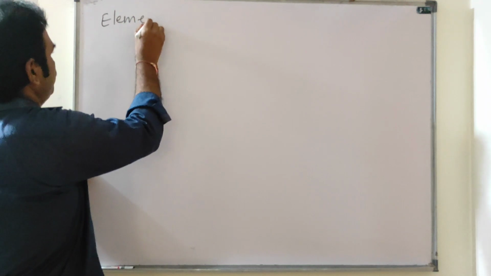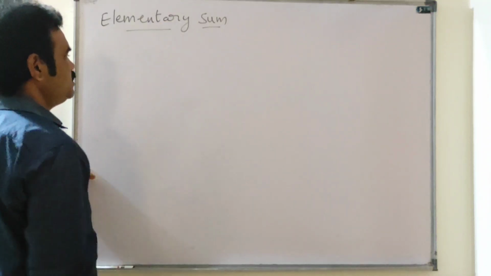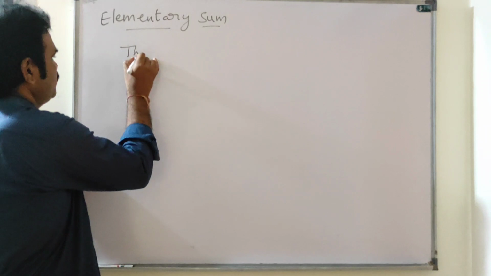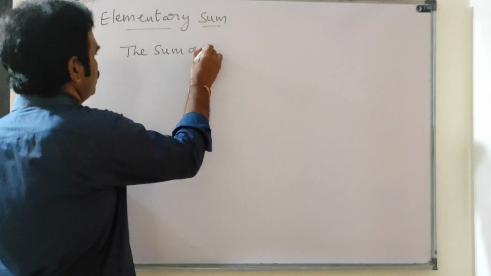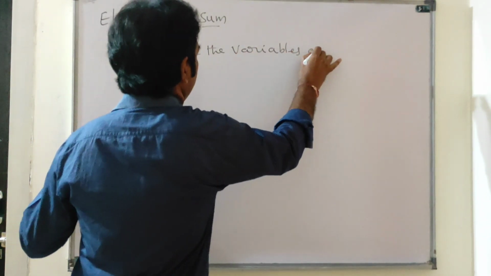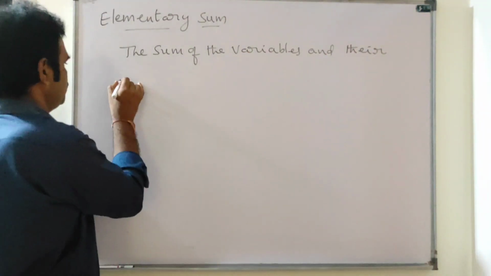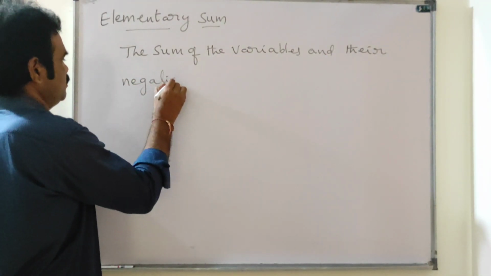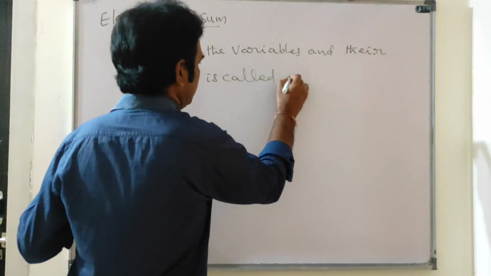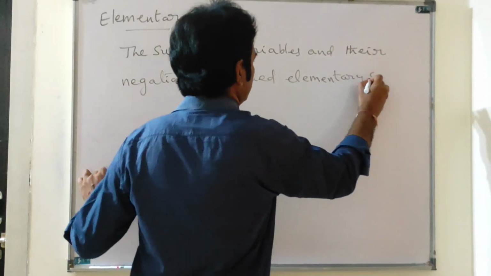Elementary sum. That is the sum of the variables and their negations is called an elementary sum.